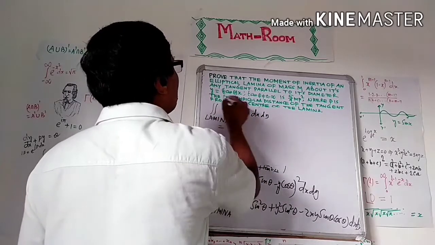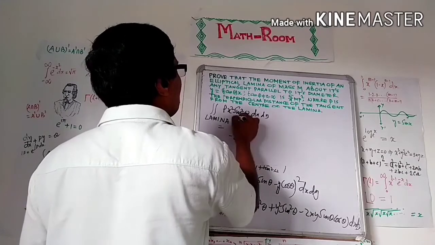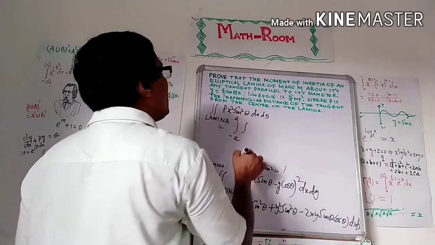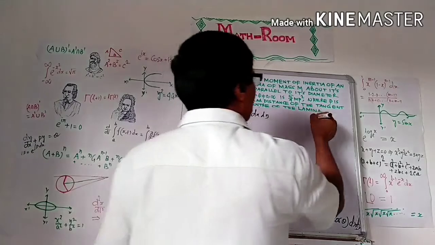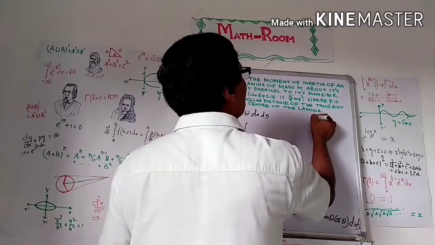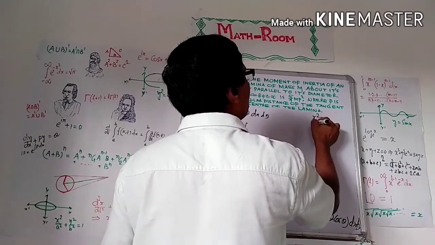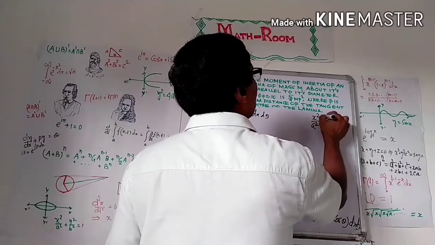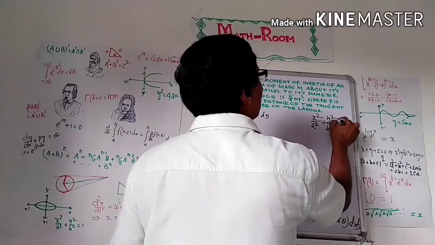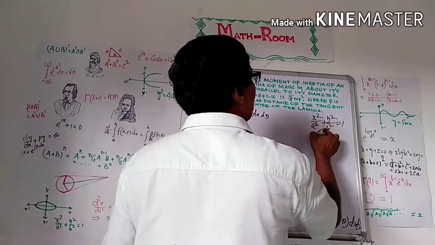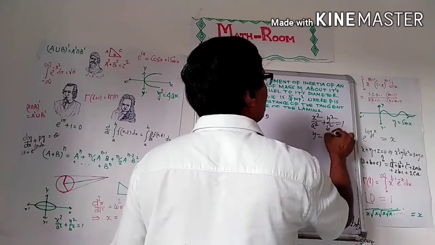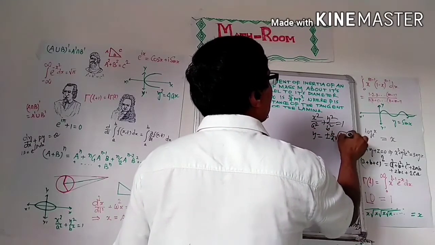the range of x is minus a to a. For the range of y, we can use the equation of the curve, y equal to plus minus b by a root over of a square minus x square.